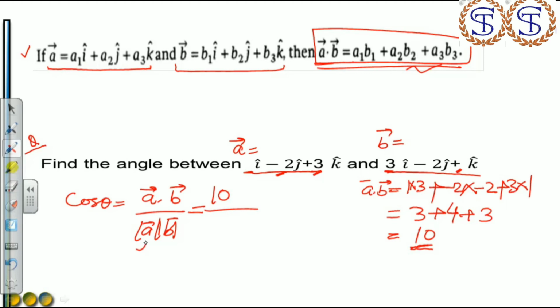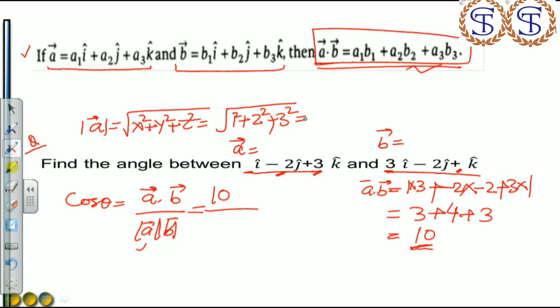Now the modulus of A. How can you find the modulus of A? The magnitude. Yes, we have the formula to find the magnitude of a vector, that is under root x square plus y square plus z square. By using this, the modulus of A is under root 1 square plus 2 square plus 3 square, that is under root 1 plus 4 plus 9, which is under root 14.